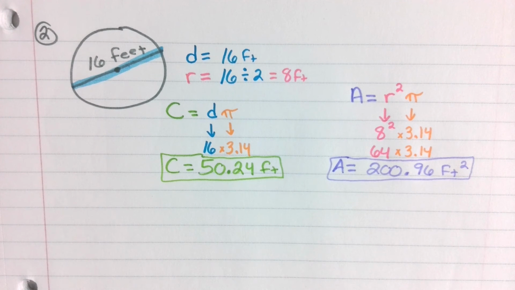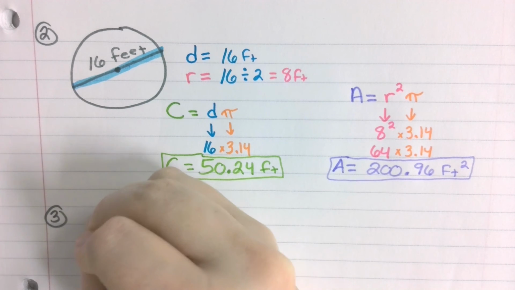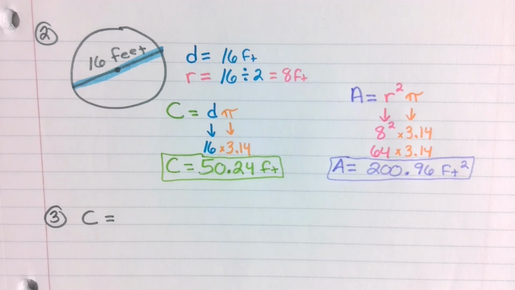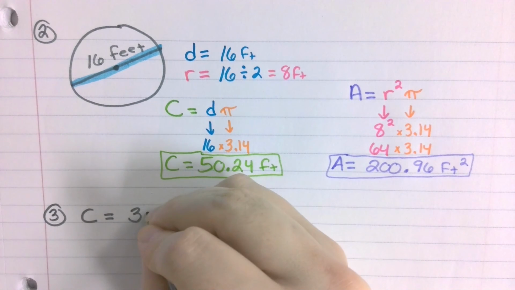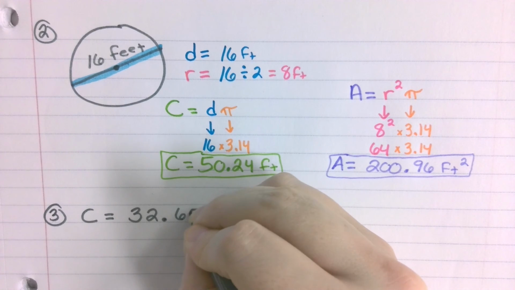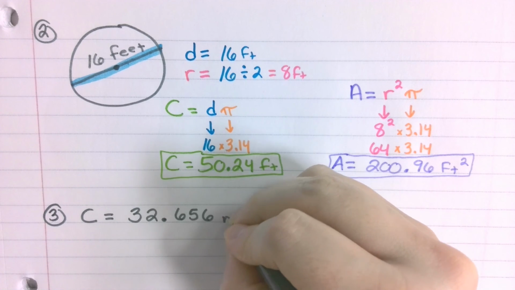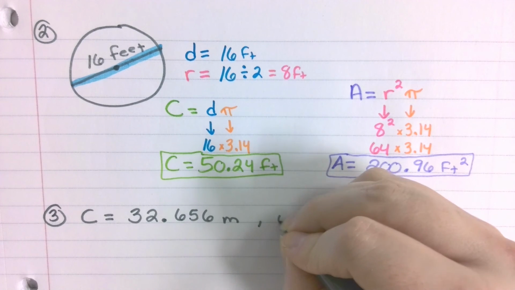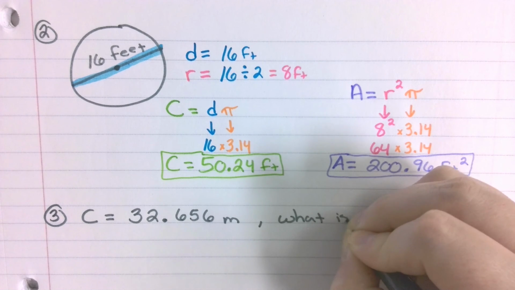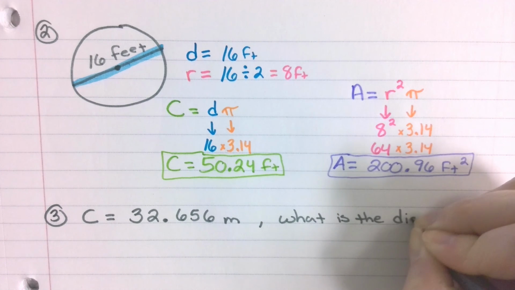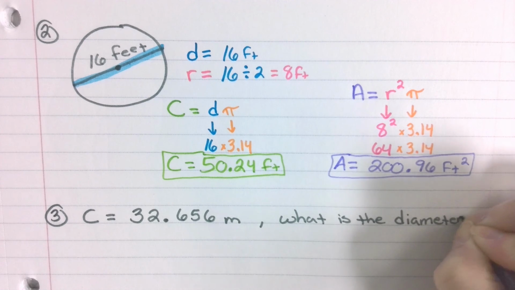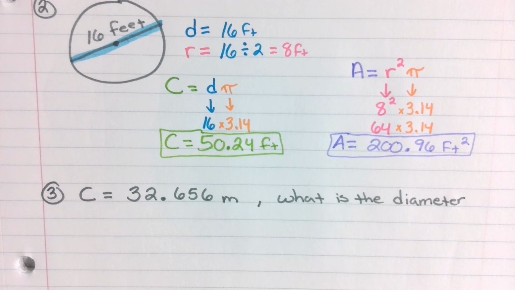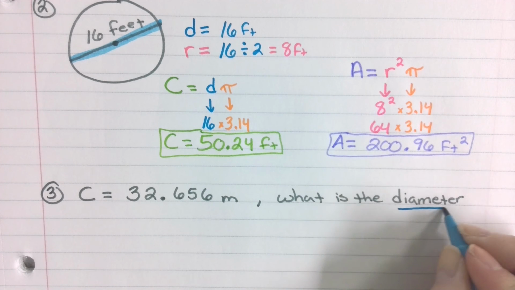Now, like I said, sometimes it might have you do things in reverse. So let's say that I am telling you the circumference is equal to 32.656 meters. I want to know, what is the diameter? So C is equal to 32.656, and I want to solve for the diameter.